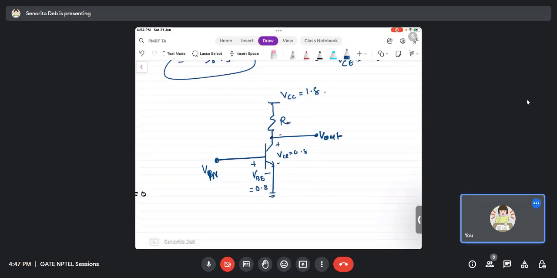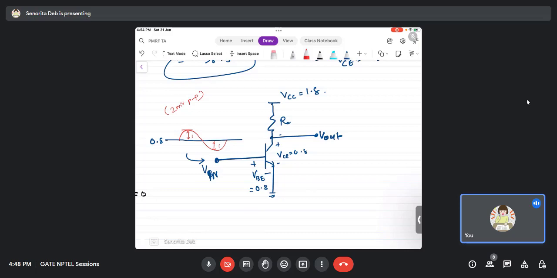Now that means this DC is 0.8 at input. At input, this DC is 0.8 and I am having a small swing, let's say of 2 millivolts, 2 millivolt peak to peak. So if I am taking 2 millivolt peak to peak, this is 1 milli, this is 1 milli. Clear?